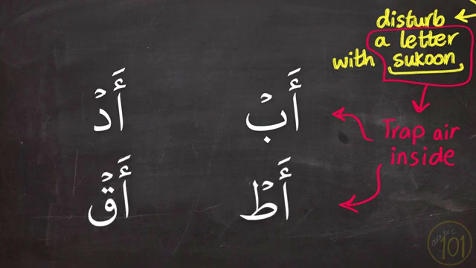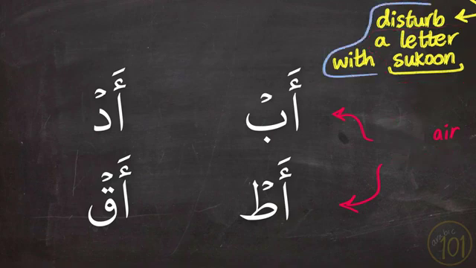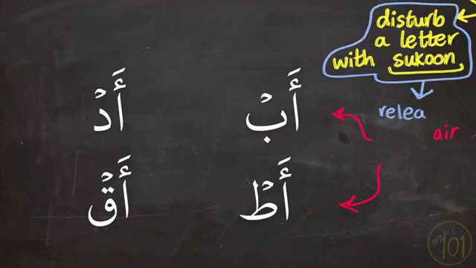There is essentially no difference between these two letters when you apply sukoon and you trap the air inside. And this is exactly the problem, and this is the reason why we need qalqala, which is to disturb these letters. And you do that by simply releasing the air trapped inside. And when you do that, they should sound like this.